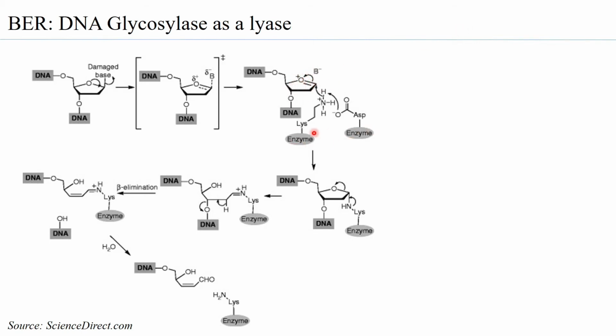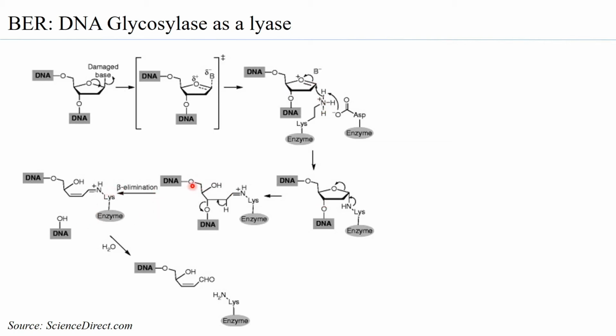Now the enzyme in its active site has an aspartate, which is active, and a lysine. So the aspartate and the lysine together, through a series of reactions, are able to carry out a beta elimination. And by the beta elimination, two things will happen.